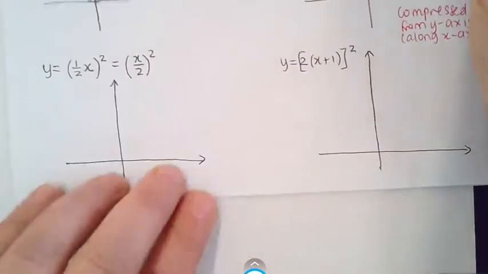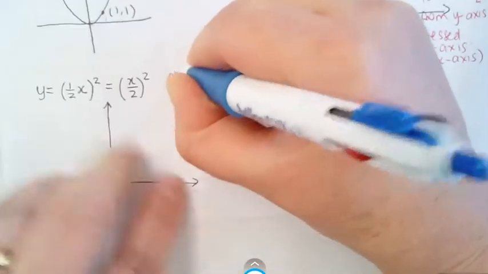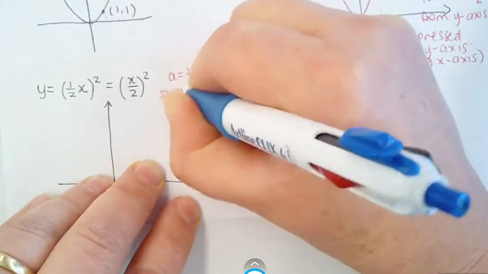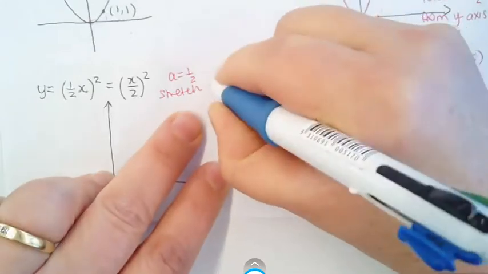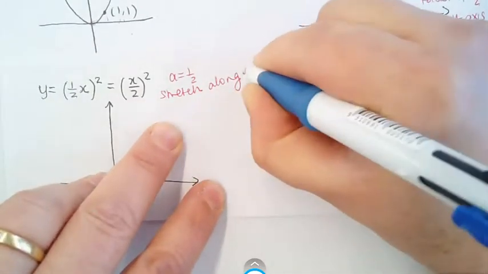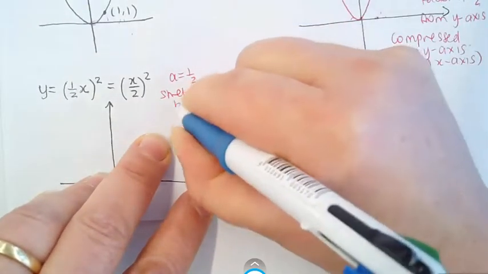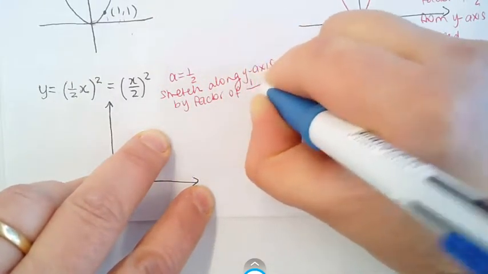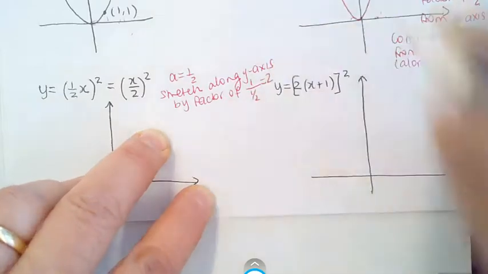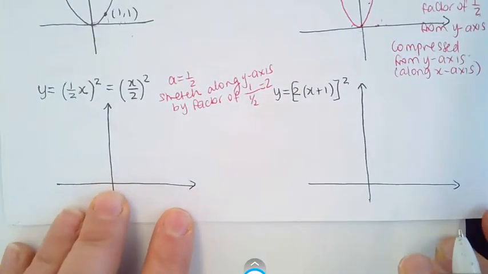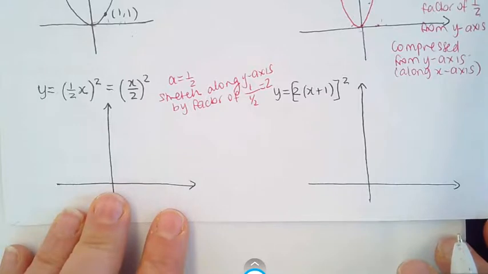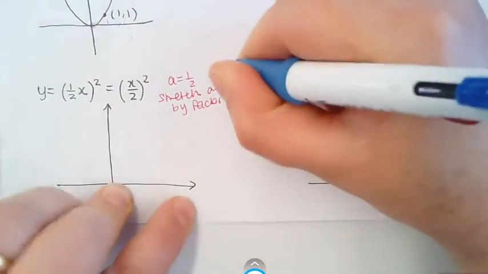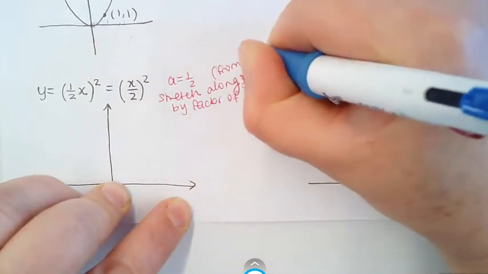Okay. So what's a in this case? Isn't a a half? Therefore, it's stretched along the y-axis by a factor of 2, because it's 1 over a half, which is 2. Or along the x-axis. Along the x-axis from the y-axis, sorry.